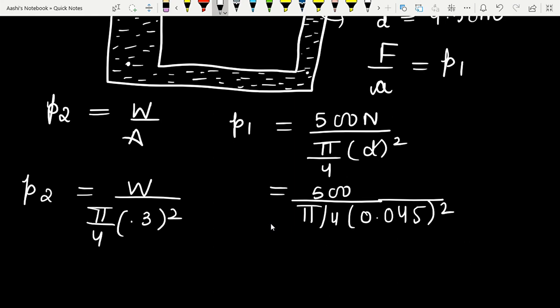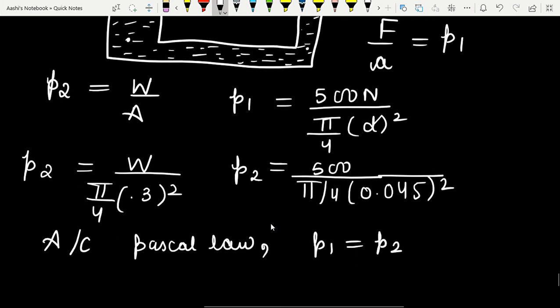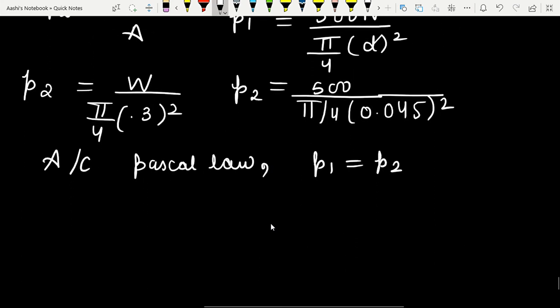When you equate P1 and P2, as per Pascal's law, P1 should be equal to P2. So what will you get?